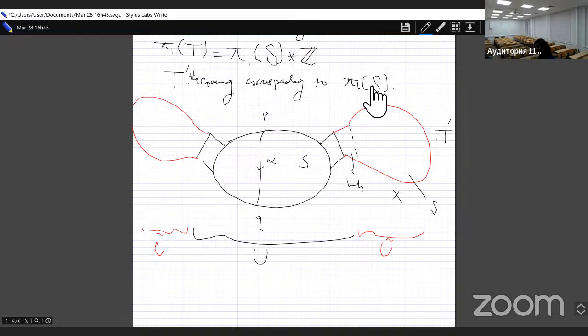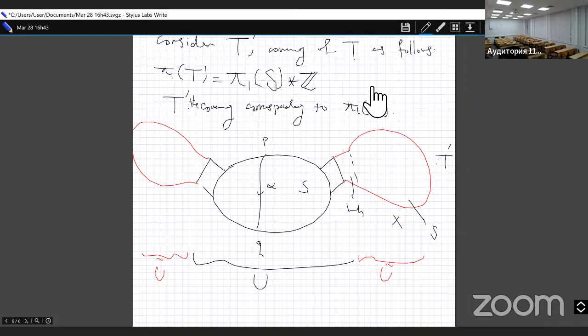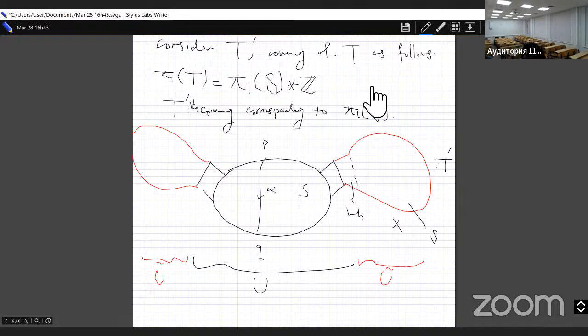Well, now I see how you construct the map. Why is the image of phi 1 equal to phi 1 less? You mean why is it true? It's because of the Van Kampen theorem.